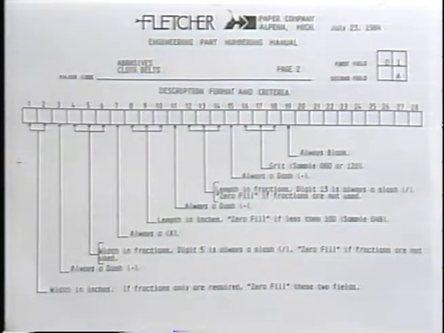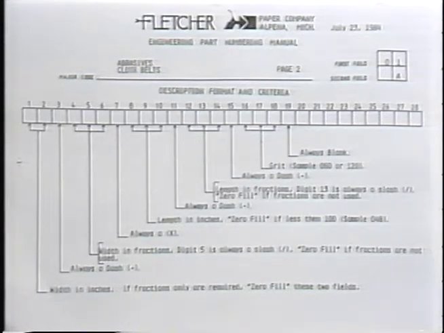Now, if we go to page number 3, you're going to see that the definition of the descriptions, format, and criteria is laid out for 01, first field. The second field, since it is alpha, is not zero filled, so the second field is A.